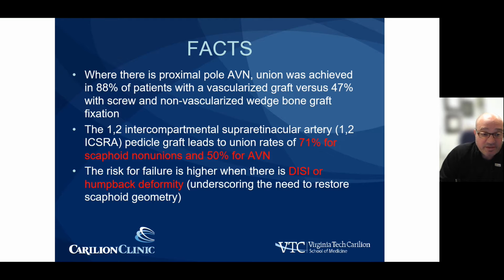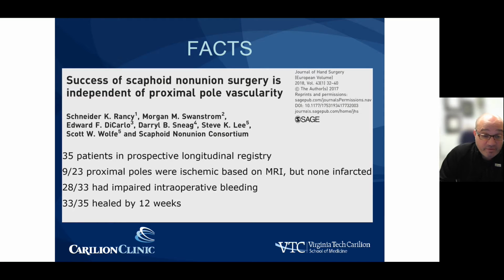Again, this is when it becomes really good carpentry work, with the surgeon recreating that anatomy and the scaphoid length and height. One of the things that is interesting to know is that for the proximal pole, in those that develop hypoperfusion, or what we refer to as early avascular changes, Dr. Wolf and his team in the Scaphoid Non-Union Consortium group were able to demonstrate that, independent of proximal pole vascularity, they were able to get healing without having to use a vascularized graft.